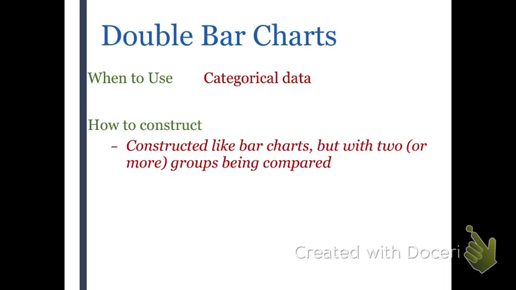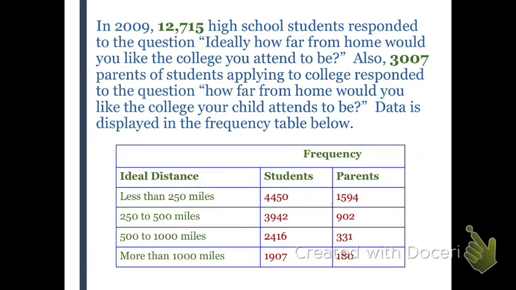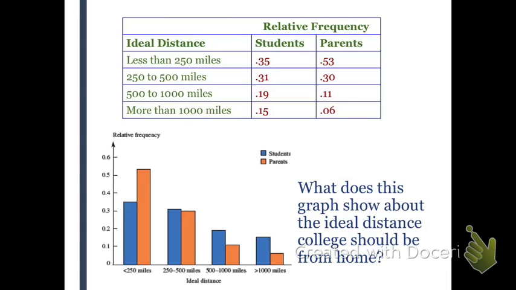So there's an example of a double bar chart in here. Here we go. So we've got 4 categories. Let's try to create or comment on this graph that we see right here. If you want to write it down, you can. If you don't want to, then let's just audibly talk about it.